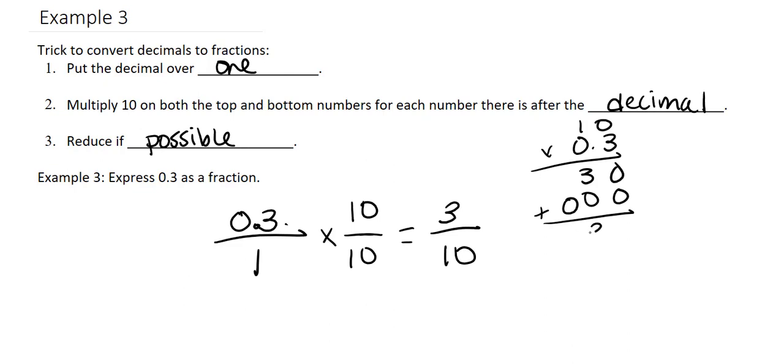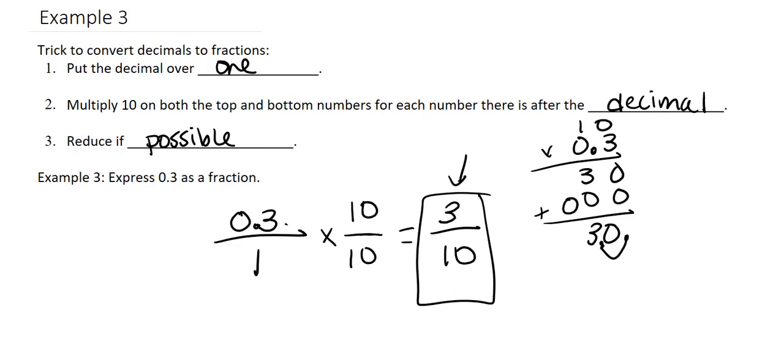We add them up, well, that's just 30. We only have 1 decimal, so we move the decimal over, and that's a 3. So we can see how we got to the 3 here. To confirm that we just move the decimal over 1 when we multiply it by 10. So what's our fraction? 3 over 10, right? So 0.3 and 3 over 10 are the same thing. They represent the same number.